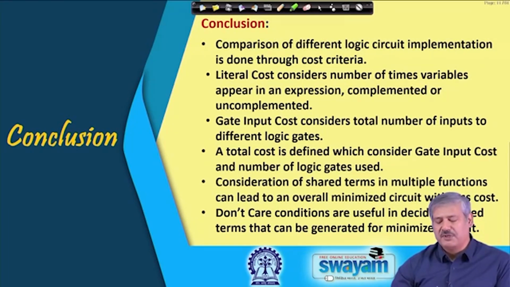There is also a definition of total cost which considers gate input cost as well as the number of logic gates that are used. Consideration of shared terms in multiple output functions can lead to an overall minimized circuit with less cost, and do not care conditions can be useful in deciding shared terms that can be generated for a minimized circuit.